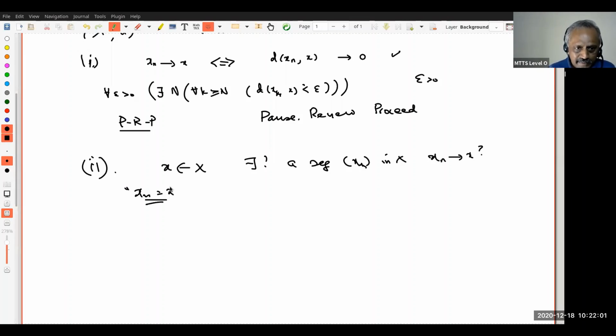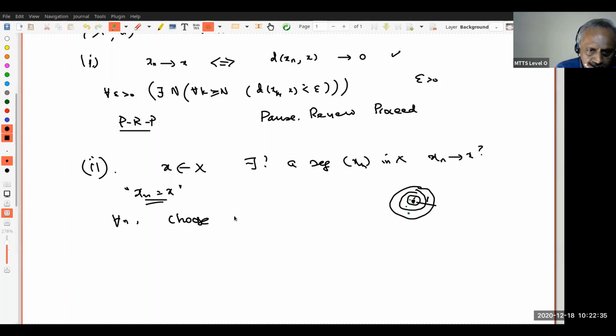But a better way would be to look at this x, and suppose this is radius 1, this is radius half, this is radius 1 by n. What I can do is for each n, choose xn in B(x, 1/n).